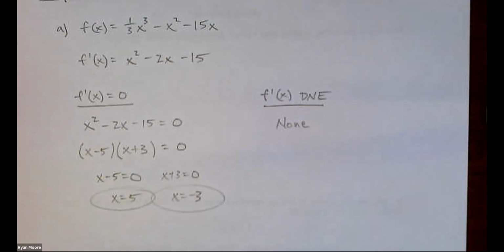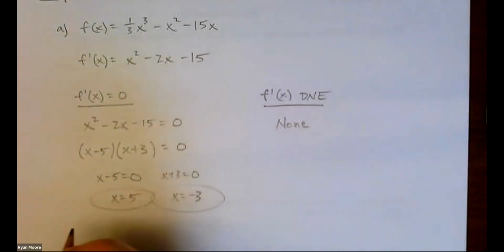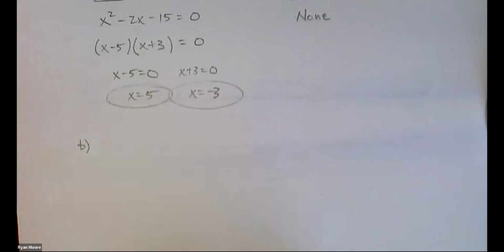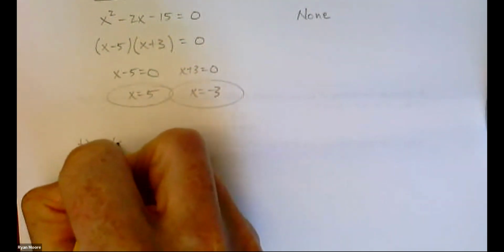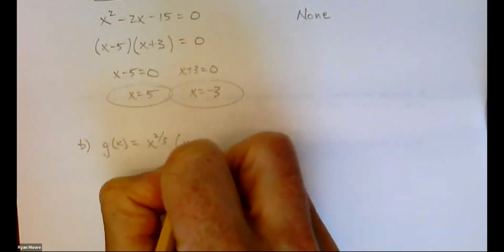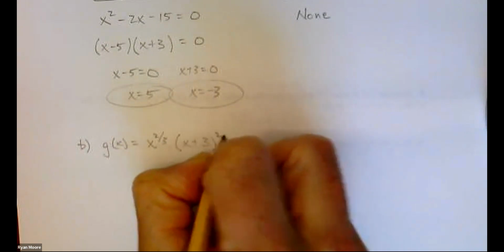We're just establishing this idea of the critical number right now. Okay, let's take a look at part B. It's a little bit more challenging. I'm gonna say, all right, how about g of x equals x to the 2/3 times x plus 3 squared.